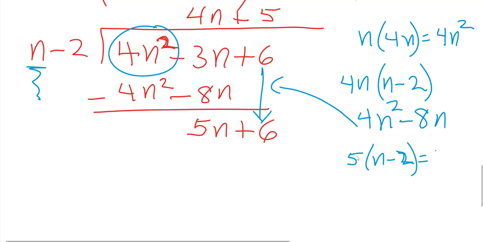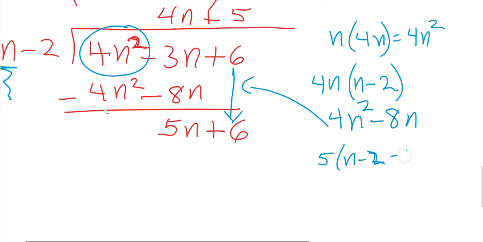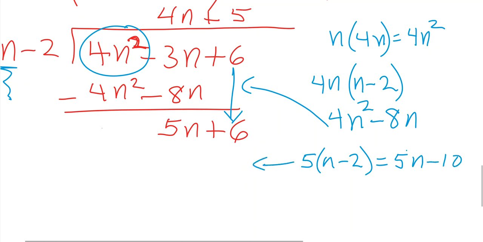I'm running out of room. Let me erase this and write it over a little bit farther. 5 times n minus 2 is equal to 5n minus 10. And that's what we write right over here, 5n minus 10.